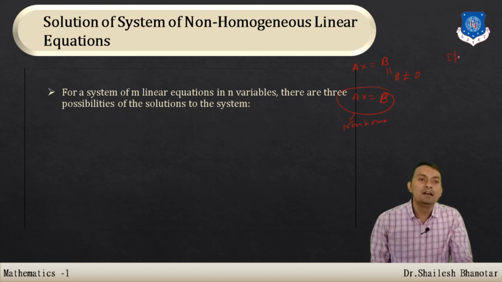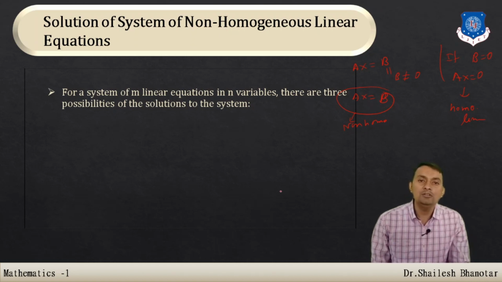And if B is equal to 0, then AX equals 0, that is the matrix form. Otherwise you may write the corresponding linear system, and that is known as the homogeneous linear equation. But here first we are going to focus on non-homogeneous.